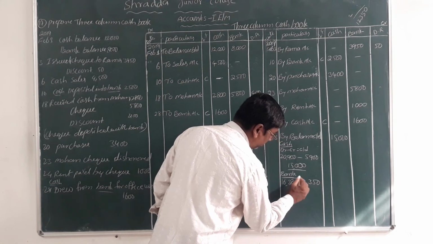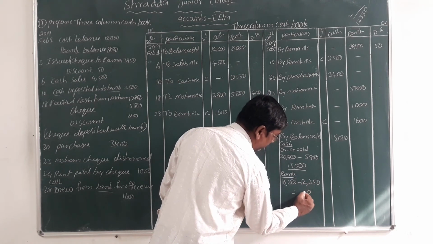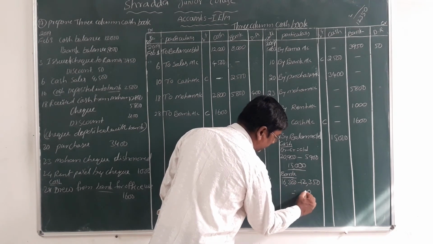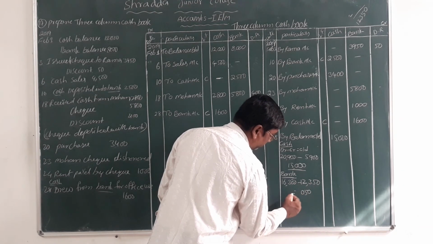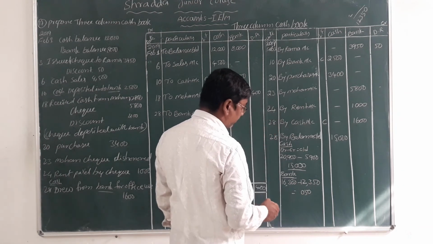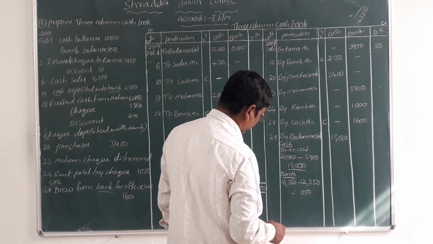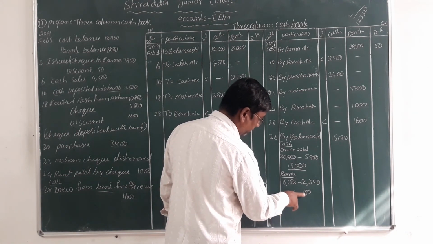That is equal to, take 10 by arrow. Sorry students, this is wrong.